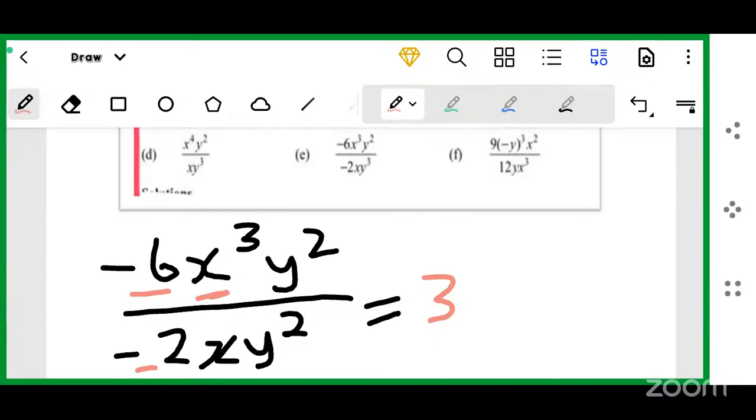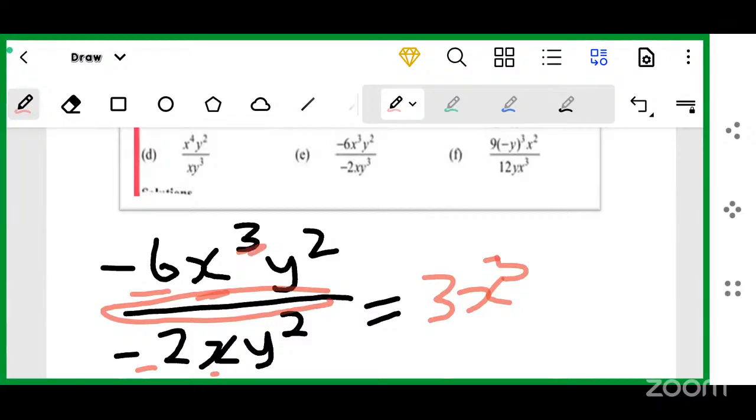And now we have the x, which is going to be x to the power of 3, and we have an x down here. So can we do something with the x? Because now we're dealing with the divide, it means we're going to minus the 3 minus 1.